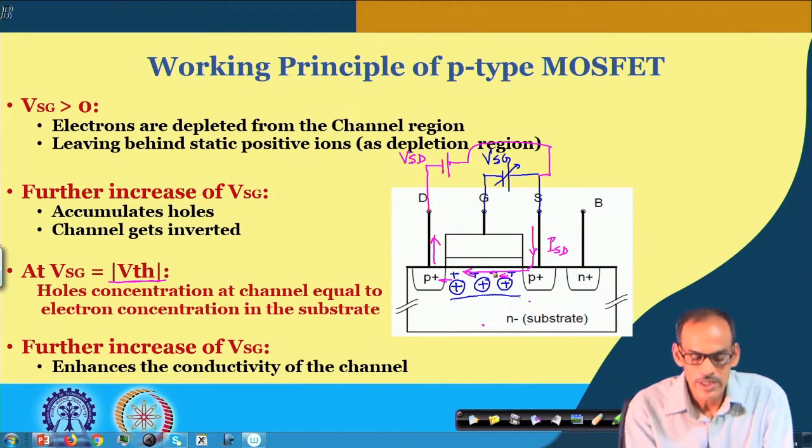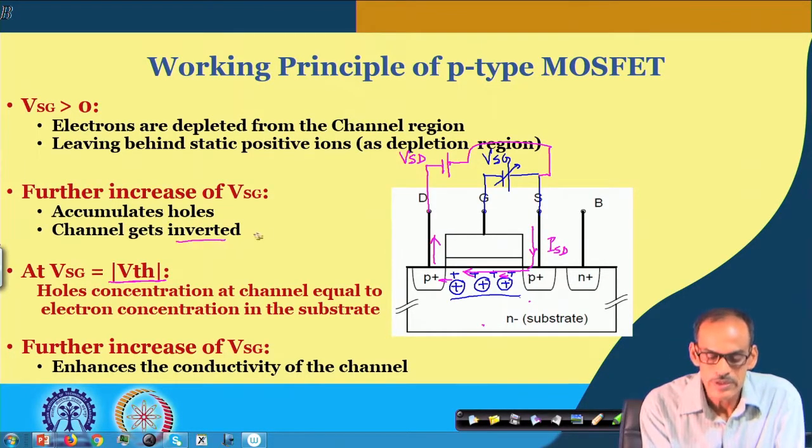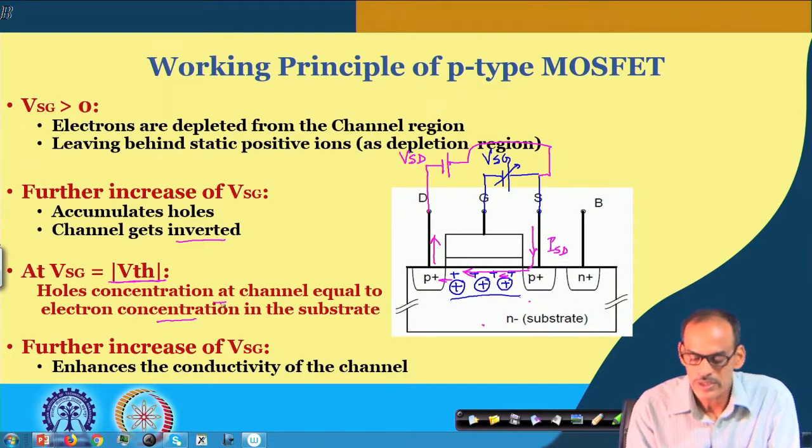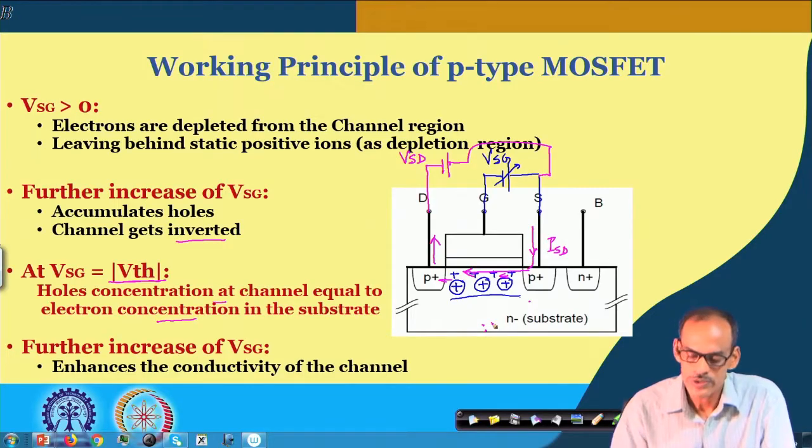So, you may say that the channel got inverted to a critical level, where the channel strength and the substrate strength, in terms of carrier concentration, become equal.